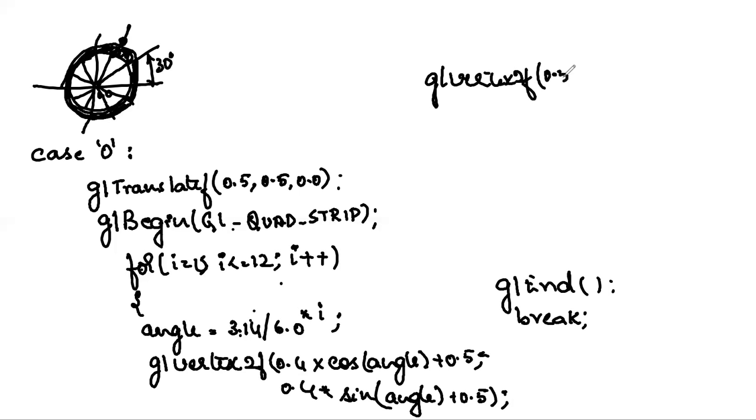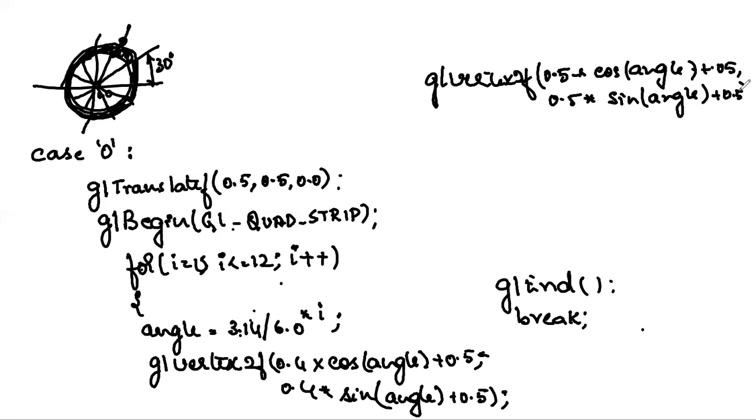So I'll say 0.5 into cos of angle plus 0.5 comma 0.5 into sine of angle plus 0.5.